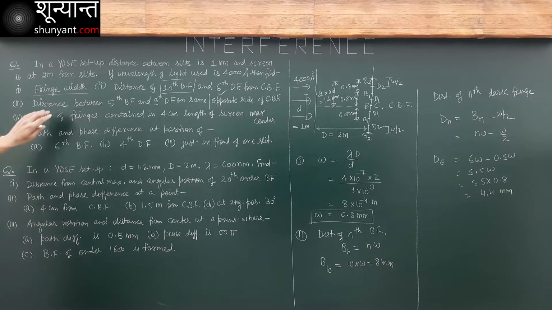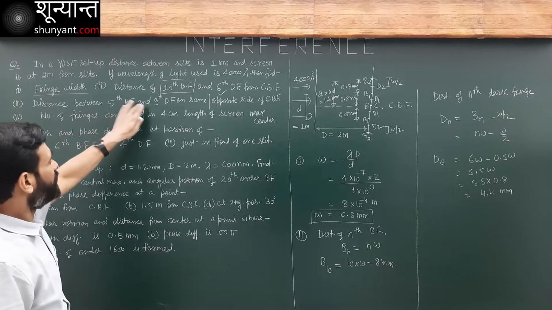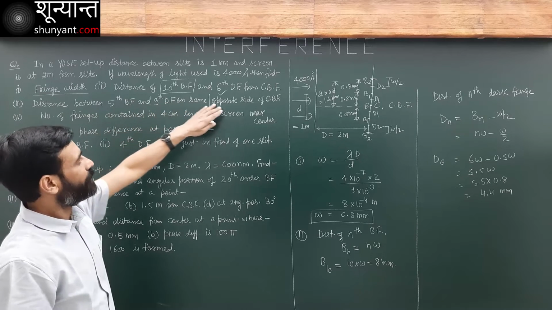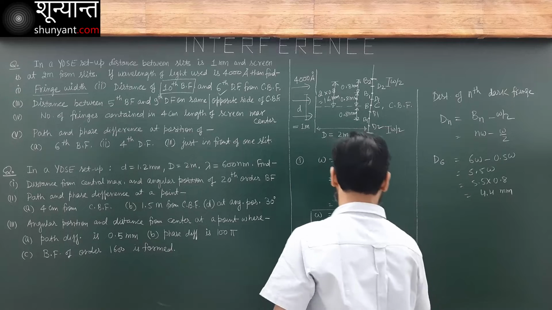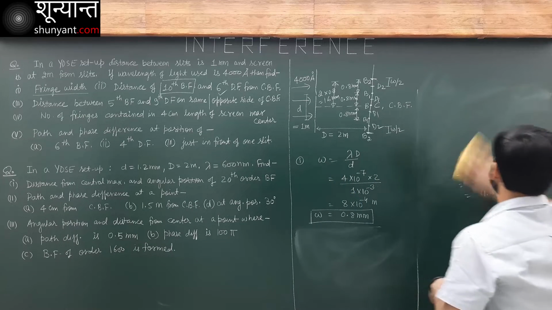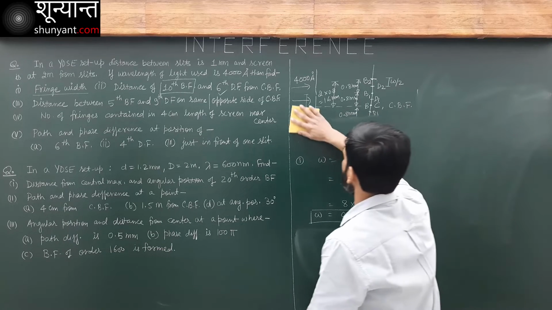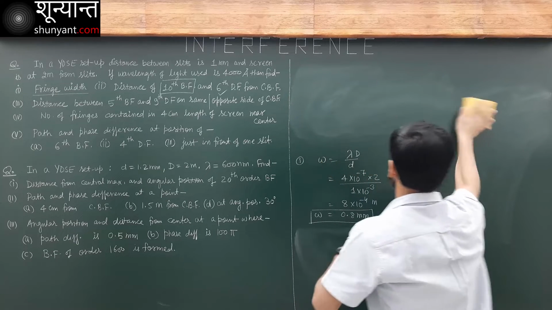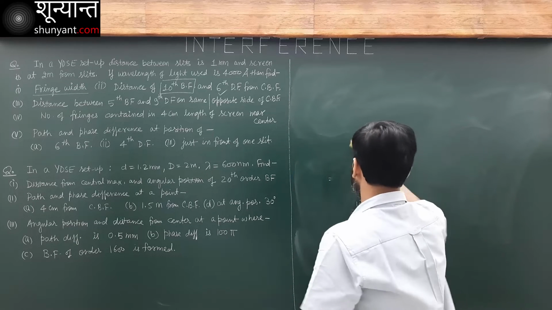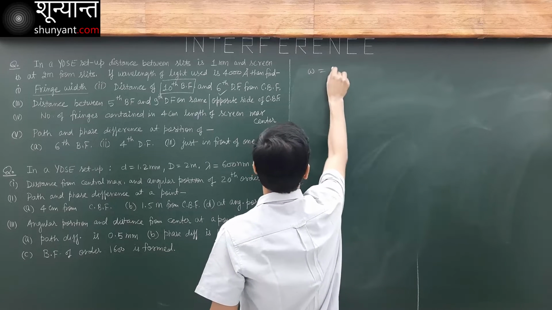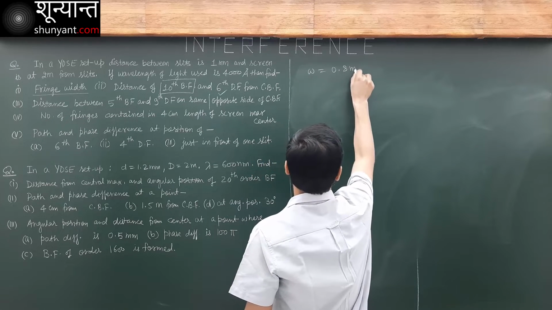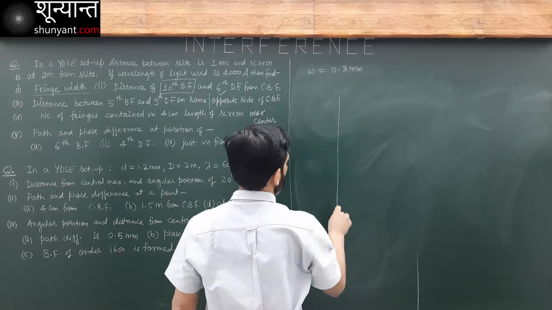Now, distance between the fifth bright fringe and the ninth dark fringe on the same and opposite side. Let's do it this way. Omega we already calculated, and that's all we need. This is 0.8 millimeter. Now this is my central bright fringe.